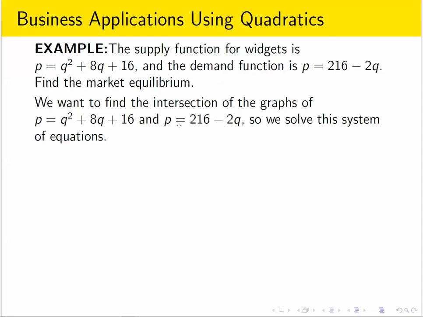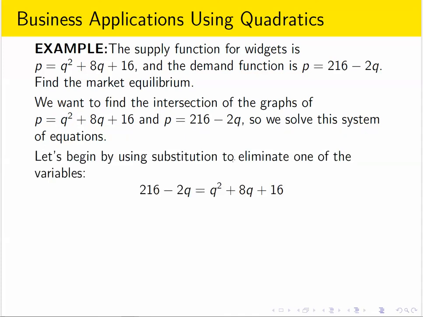Well, we want to figure out when the two functions agree, so we want to know when their graphs intersect. So what we do is we take the two functions and find the intersection by solving this system of equations. One method for solving a system of equations that works nicely when you have powers of a variable is the substitution method.